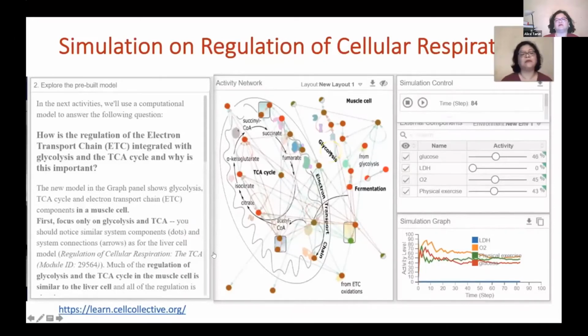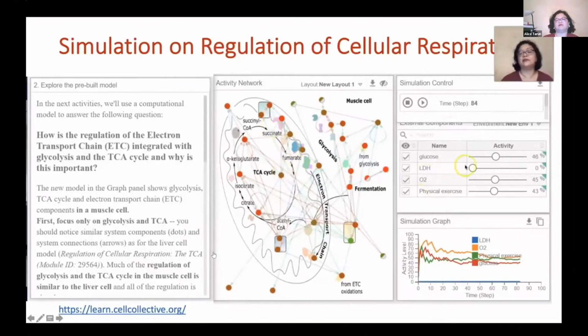So many processes in biology are very complex, such as respiration, and it's really important that the students have a feel of this systems approach, where they don't just memorize a pathway, but are able to see how interrelated and complex the regulation of a particular pathway is.